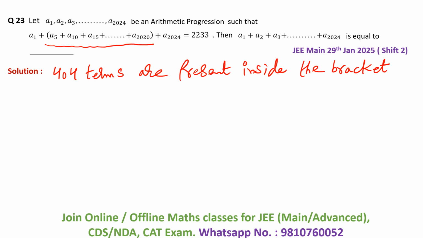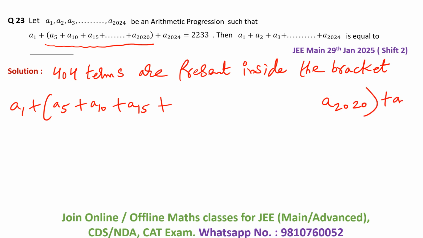Now let me rewrite this sum. It is A1 plus, inside the bracket, A5 plus A10 plus A15, and the last term given to us inside the bracket is A2020. Outside the bracket, it is A2024.